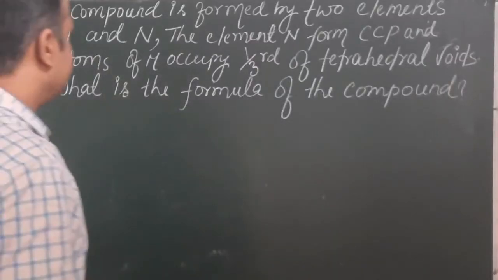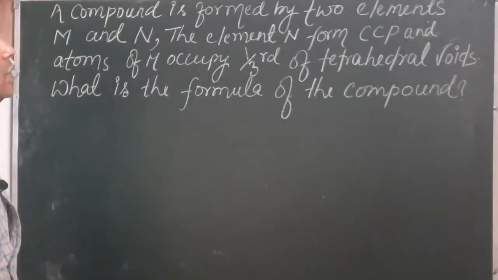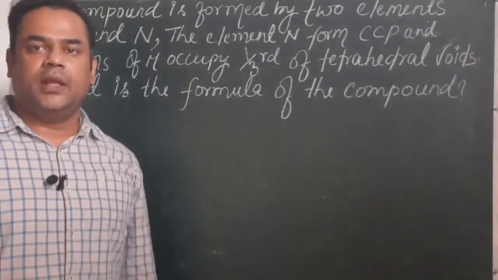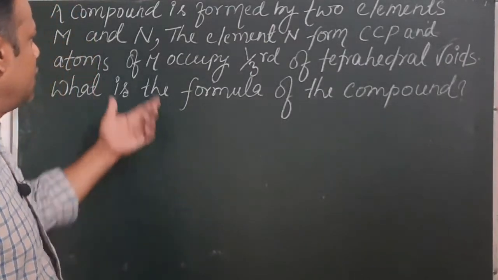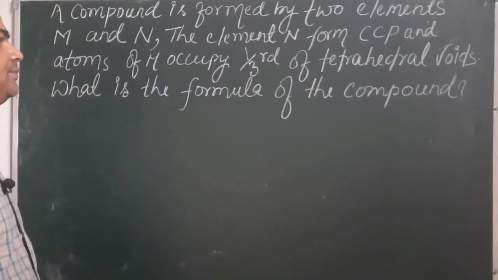So the next question is, a compound is formed by two elements, capital M and capital N. The element N forms CCP, and atoms of M occupy 1/3 of tetrahedral voids. What is the formula of the compound? So in this question we have to determine the empirical formula of the compound from the given information.